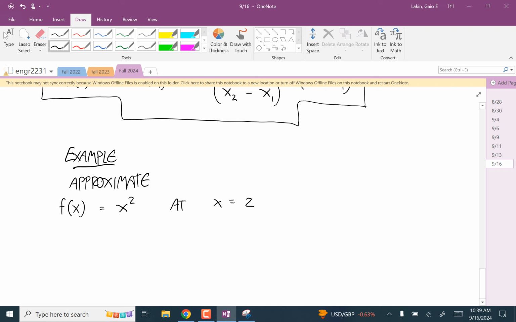And we're doing that given that f at 1.5 is equal to 2.25, and f of 2.5 is equal to 6.25.